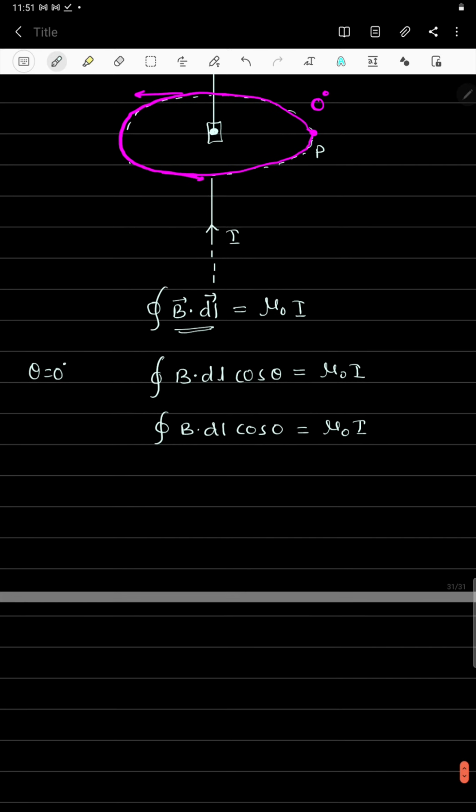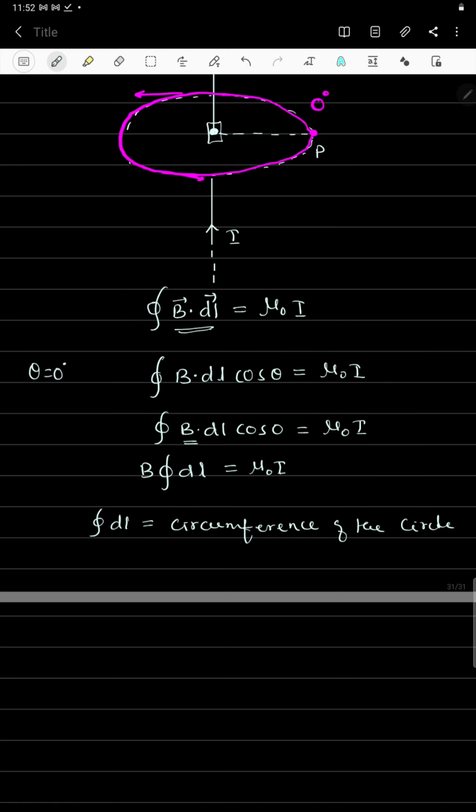Now the equation becomes: B is a constant, so we take it outside, and the integral of dl with cos 0 equal to 1 gives mu naught I. So what is the integral of dl? It is nothing but the circumference of the circle.